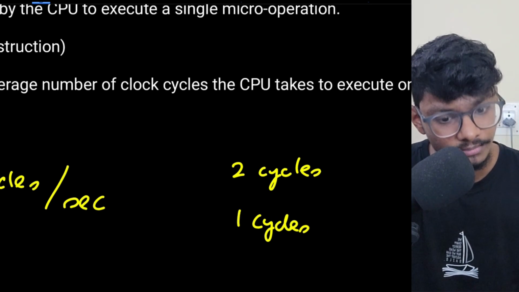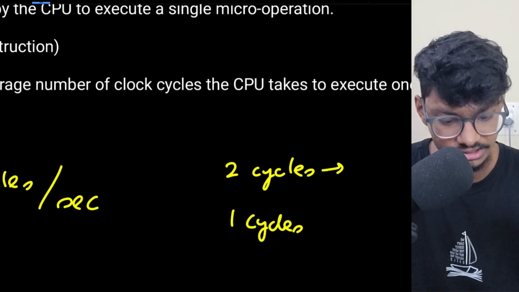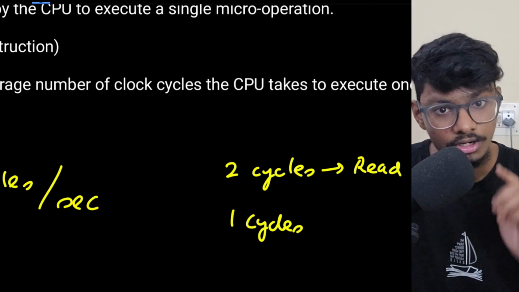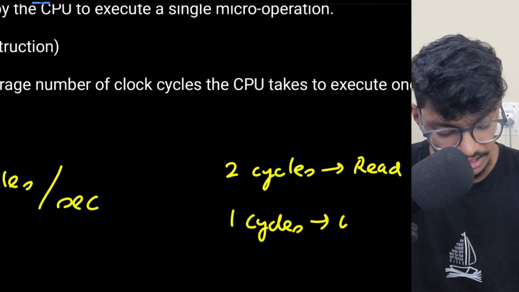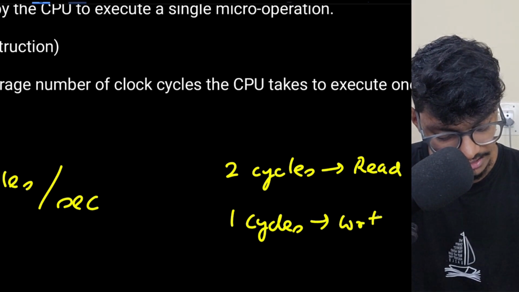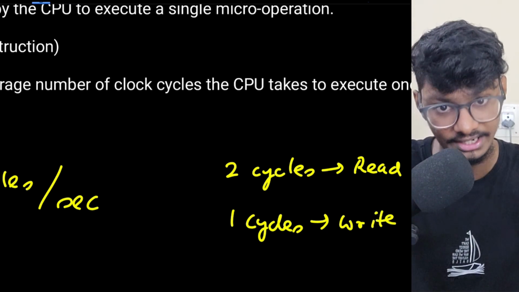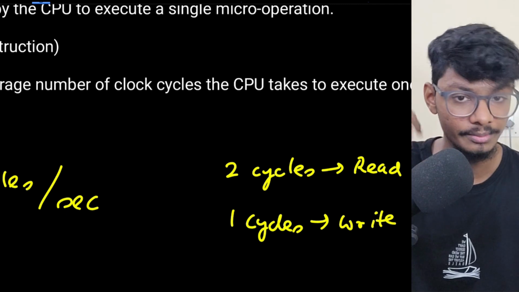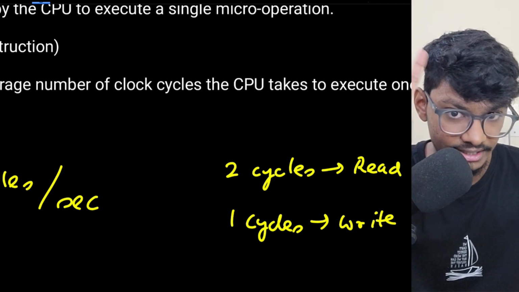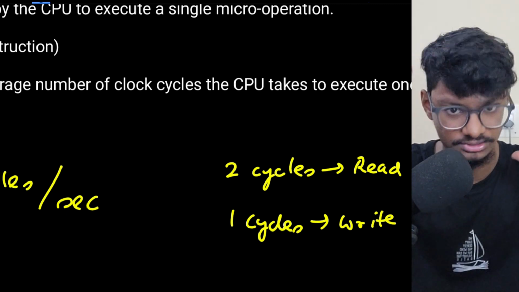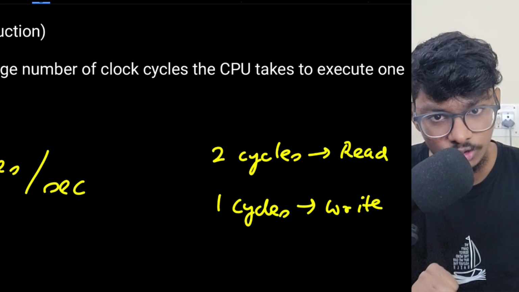Let me give you an example. In a micro operation I'm doing a read operation, so it will require 2 cycles. In a micro operation where I do a write operation, it requires 1 cycle. It is hard coded, it is the architecture. Just assume I need 2 cycles to complete a read and only 1 cycle to complete a write.